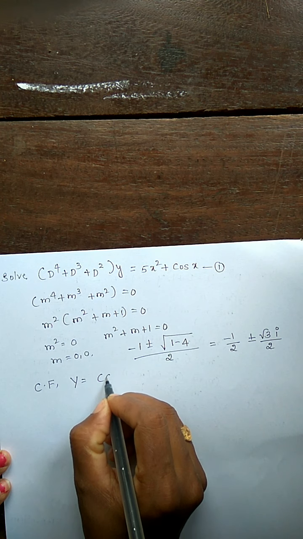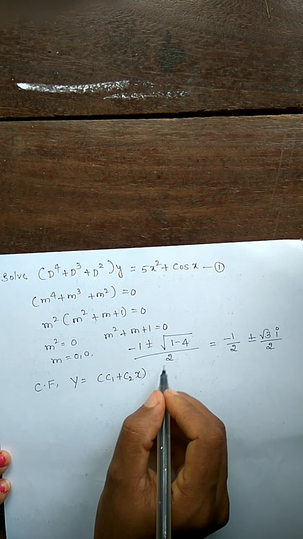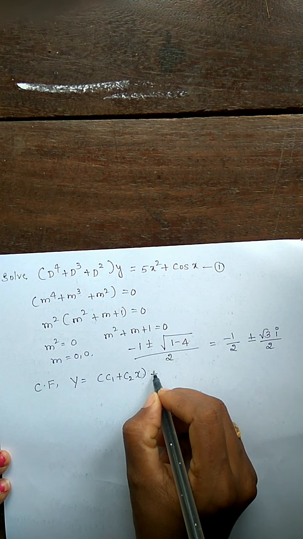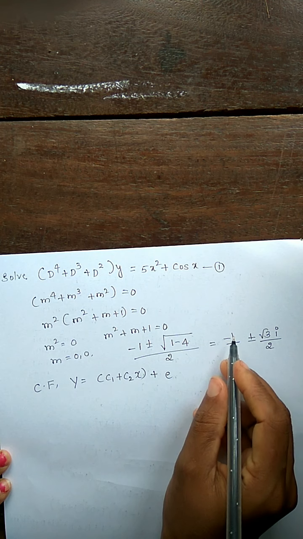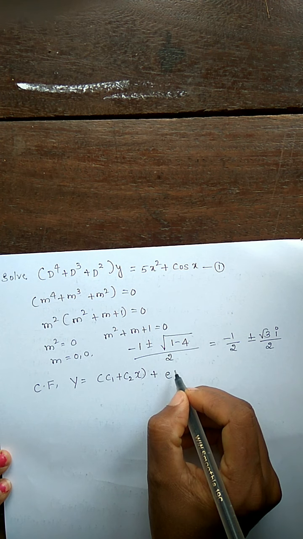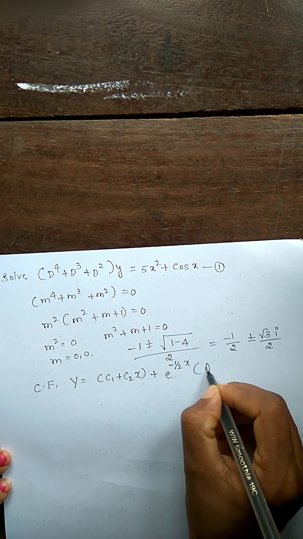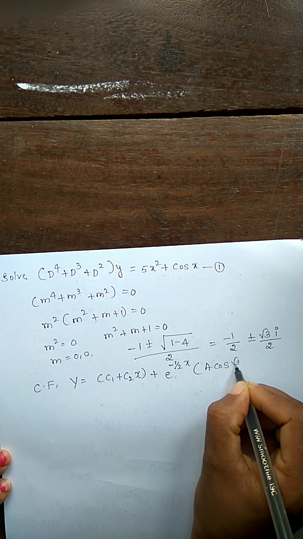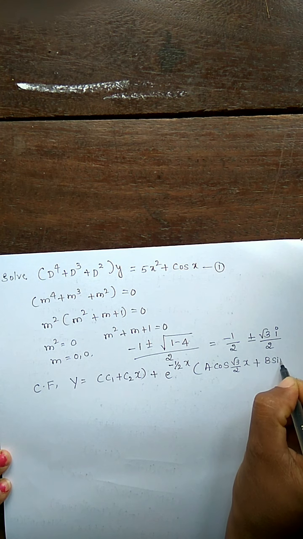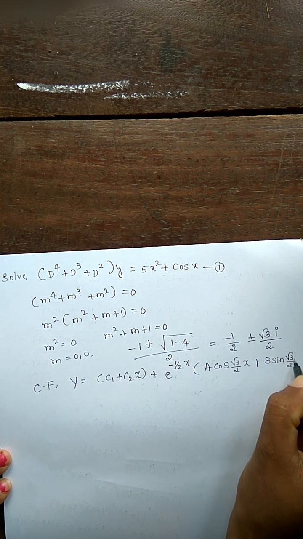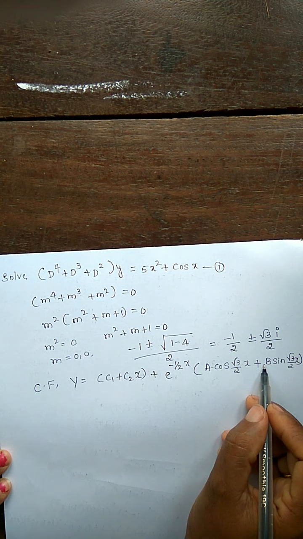So at that time c1 plus c2 x into e power 0x, that is 1 here. So plus, for this one now, e power alpha x, alpha is minus 1 by 2, so e power minus 1 by 2 x into a cos root 3 by 2 x plus b sin root 3 by 2 x, where c1, c2, a, b are arbitrary constants.